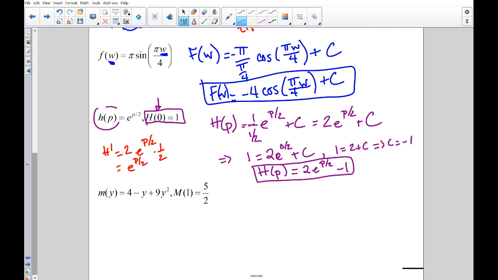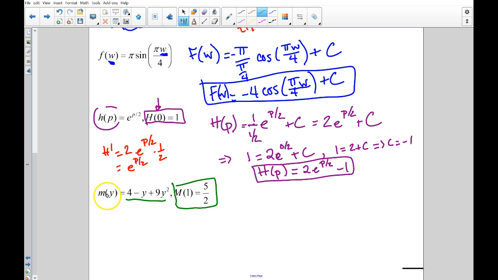Now the last one, we are going to do this piece by piece. We're given a function m in terms of y, and then we're given an initial condition.